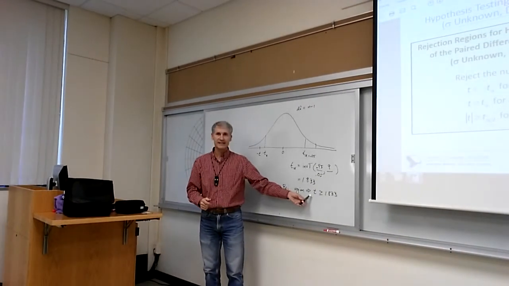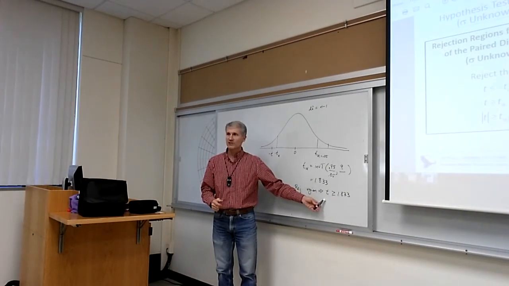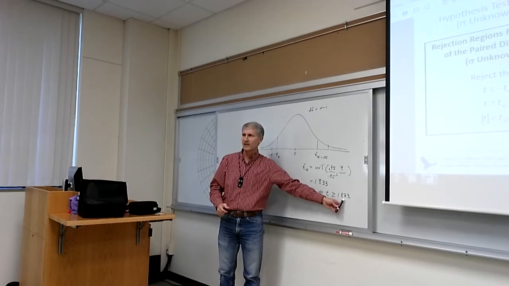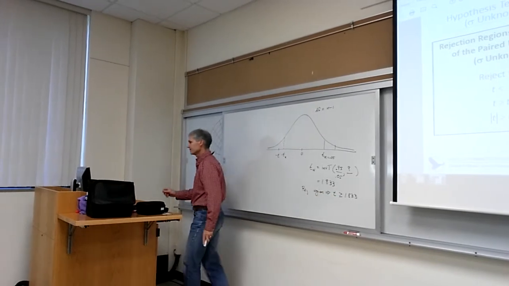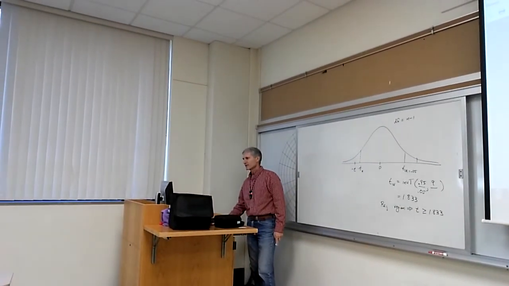Now what about our T? Are we in the rejection region? Yeah, we had 1.922, which is greater than or equal to 1.833, so we're going to reject. Right? But we already decided that looking at the p-value.